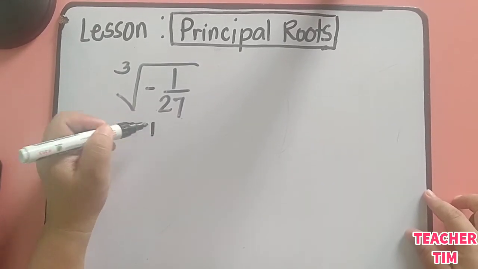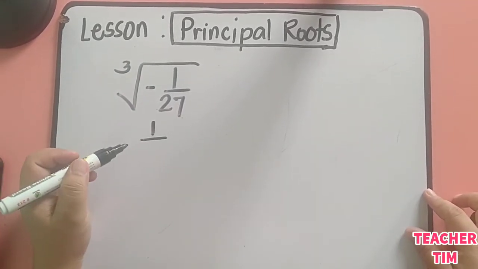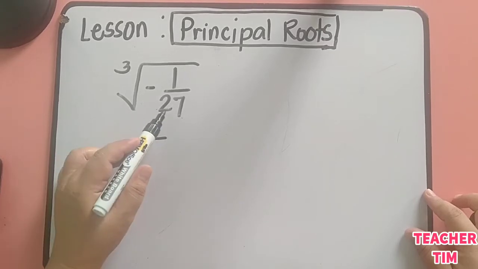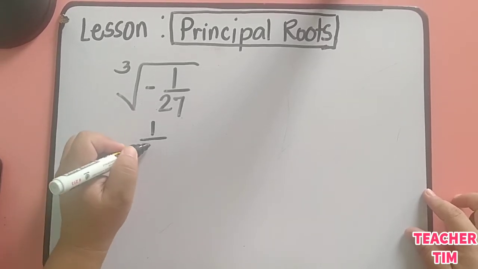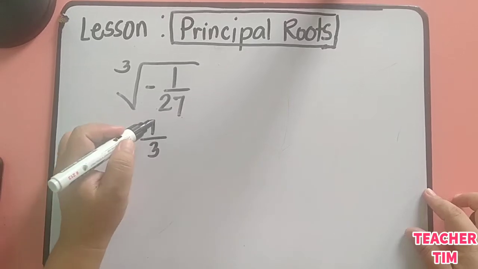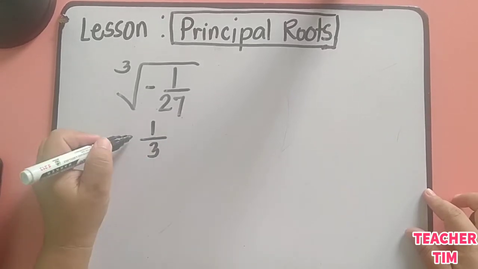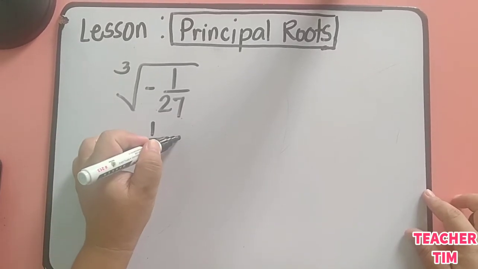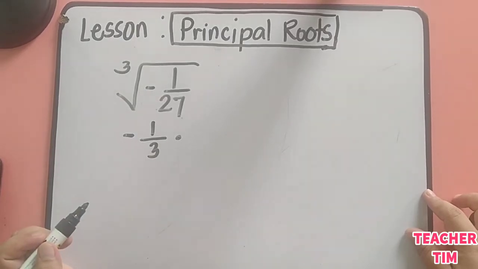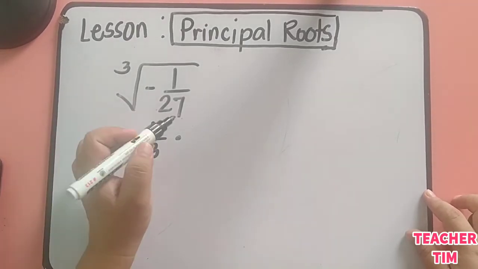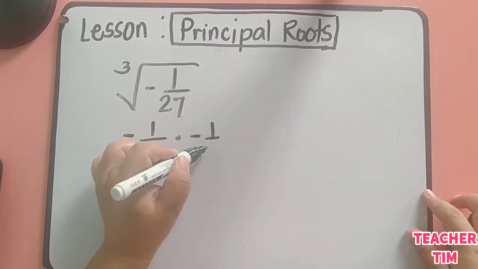Then 27 is 3 times 3 times 3, right? So we have negative 1/3, and the other one is also negative 1/3.